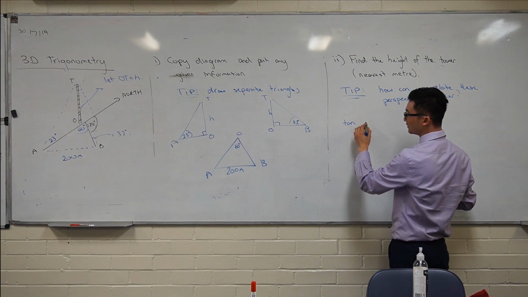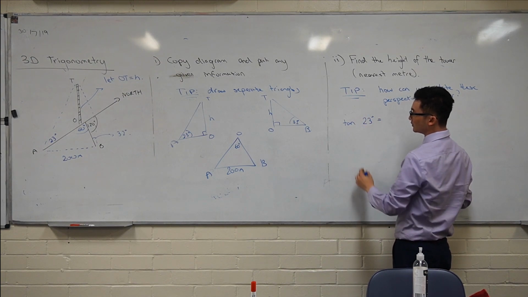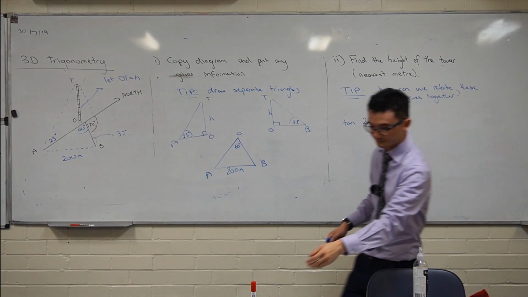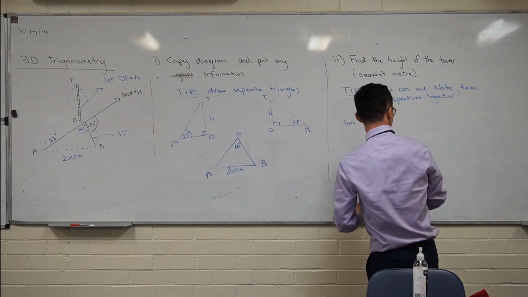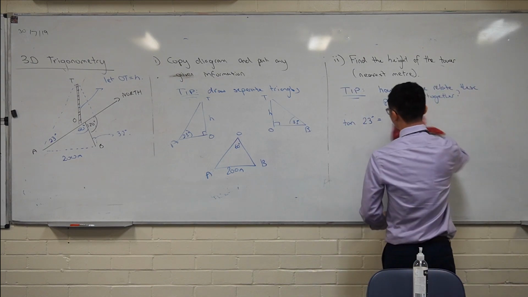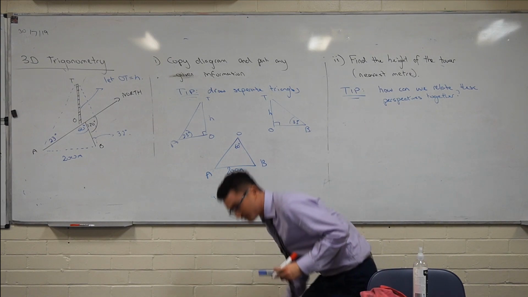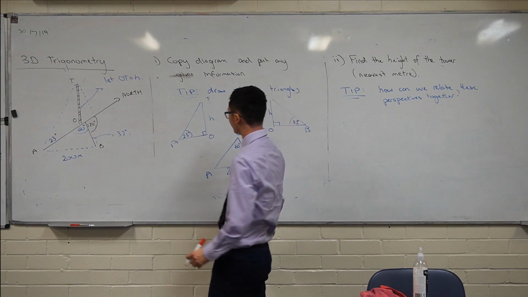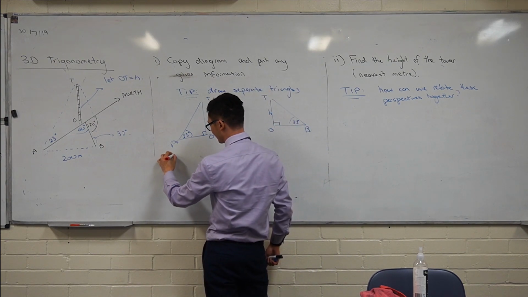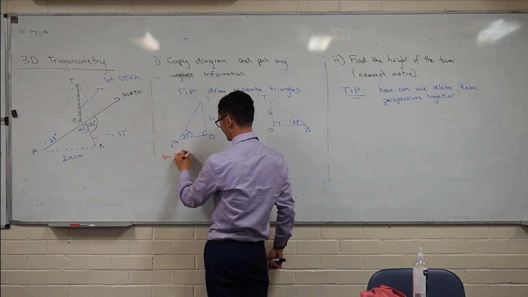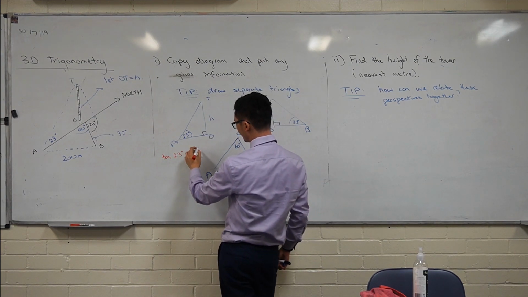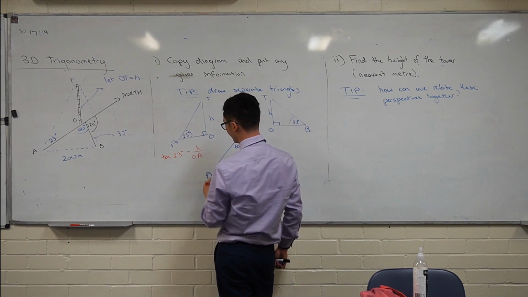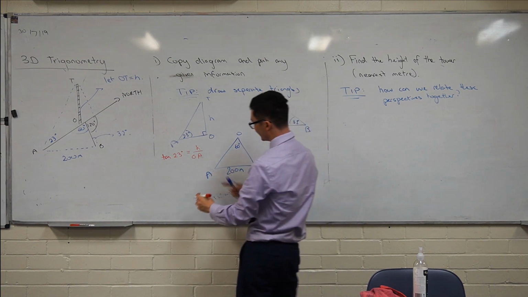From that triangle, tan 23 degrees is equal to opposite over adjacent, or H on OA.